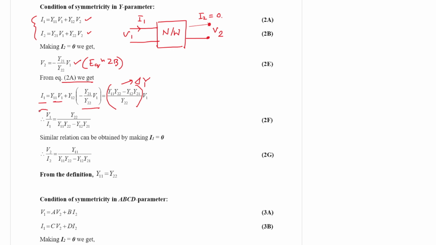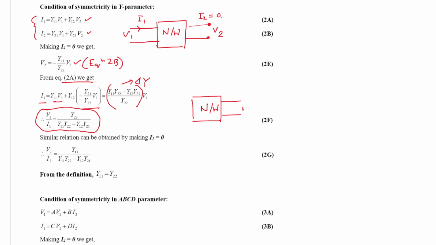So if you take the ratio V1 by I1, you will get Y22 divided by Y11 Y22 minus Y12 Y21. So that is the first condition: V1 by I1 is equal to this. And by doing a similar process the other way, on the same network.